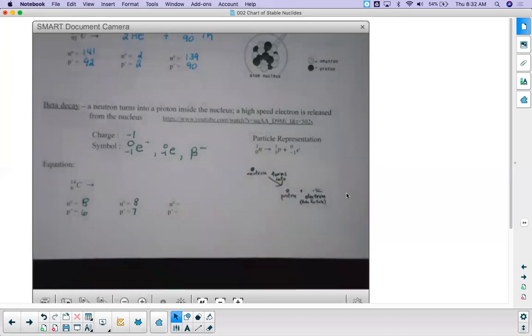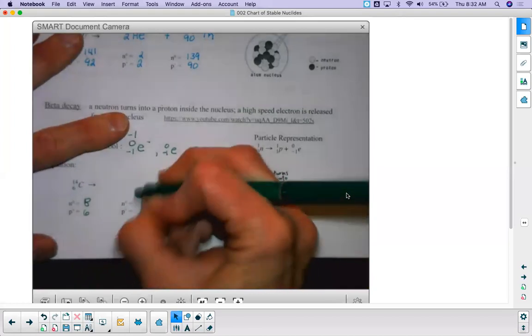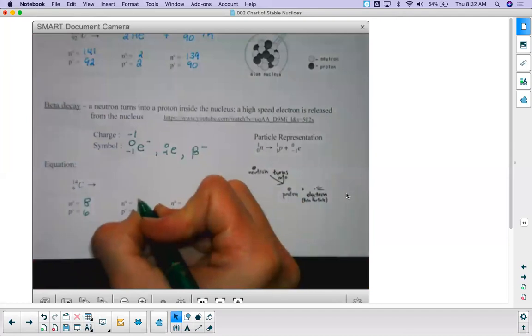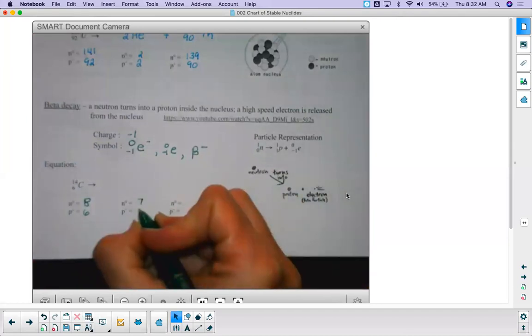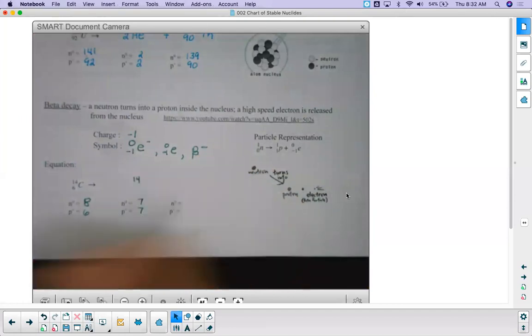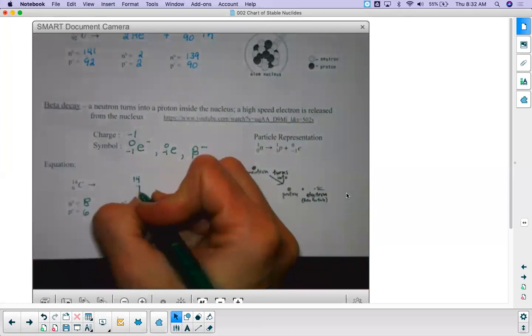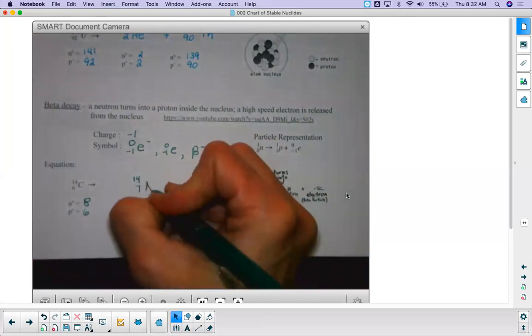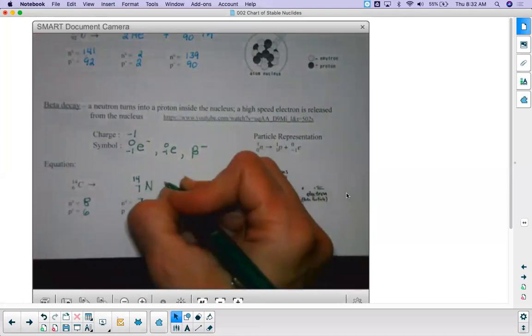So now we've got to do our neutron count and our proton count. If we change a neutron into a proton, this goes down by 1, 7. This comes up by 1, 7. But the total number of particles in the nucleus stays the same. So we have 14 there. And now 7 of them are protons. We just turned carbon into nitrogen.